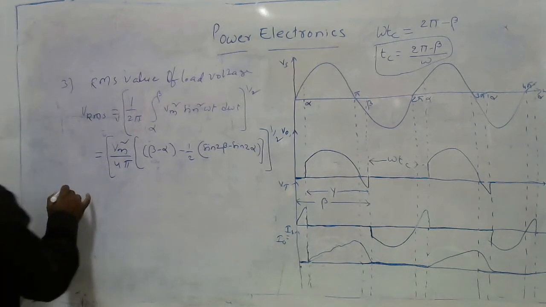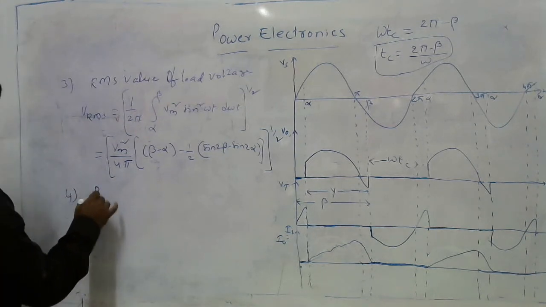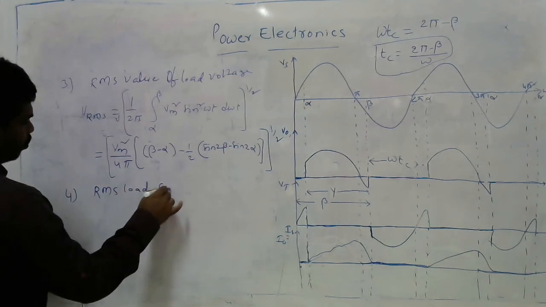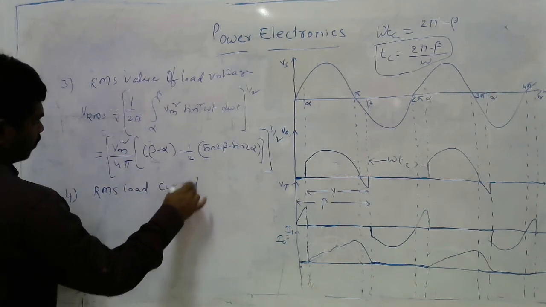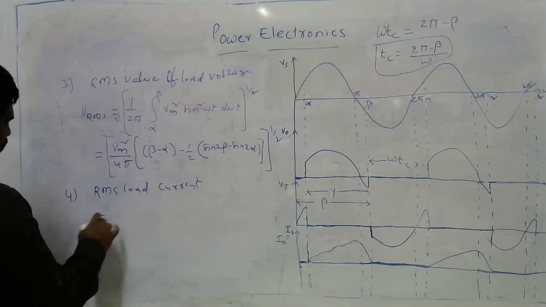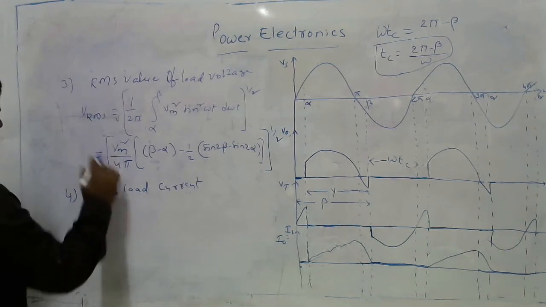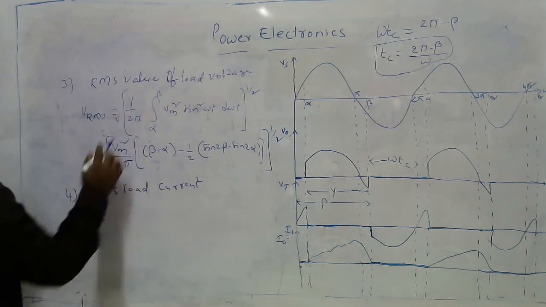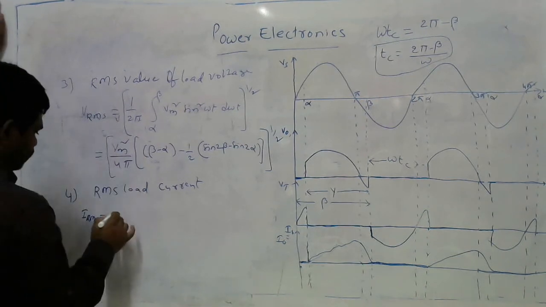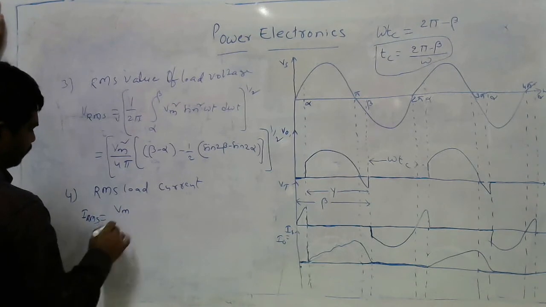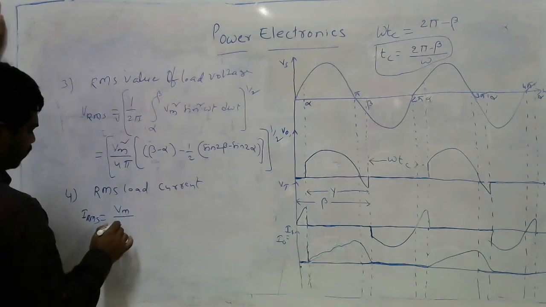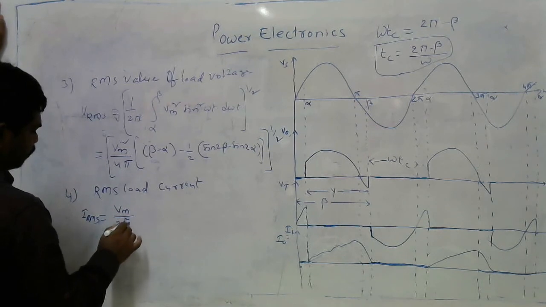Thereafter, the RMS load current. I am just bringing this term outside and calling this IRMS. Bringing out Vm, and this 4 also comes out and becomes 2 under root pi.